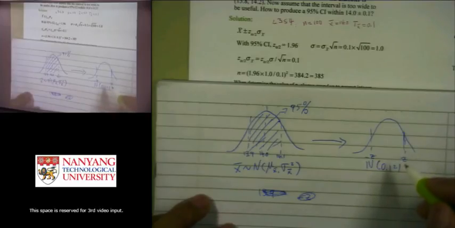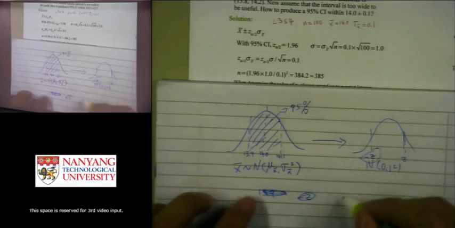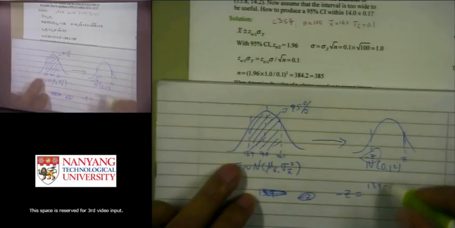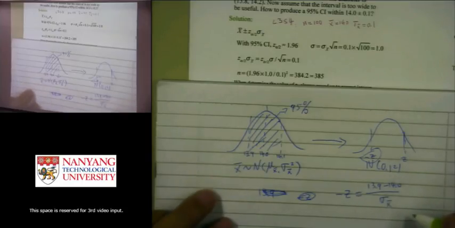Guys, wake up. Yes or no? Yes. So when you get the z value, you get minus z equals 13.9 minus 14.0 divided by sigma x bar, right? Can you get sigma x bar?